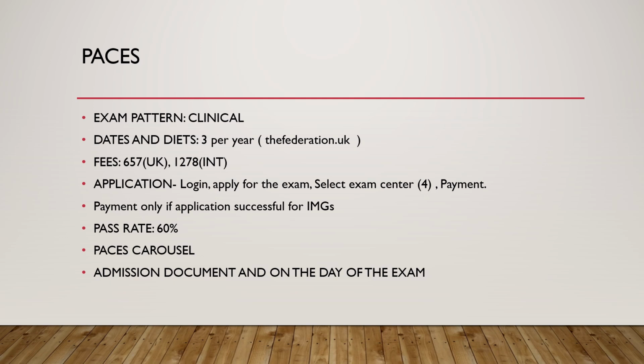In the same way, you have to log into your account, go to the upcoming exam section, apply for the exam, and select the exam center. For international centers, you can select 4 exam centers nearby. For example, I'm from Hyderabad, so I have selected nearby exam centers as well, like Hyderabad, Bangalore, Kolkata, and Pune.